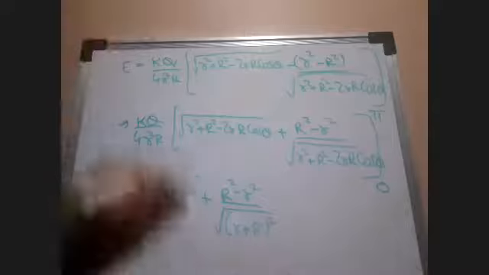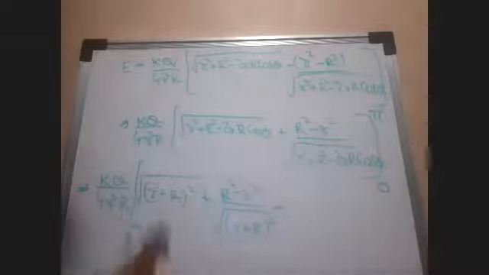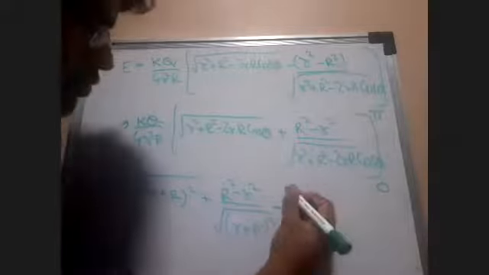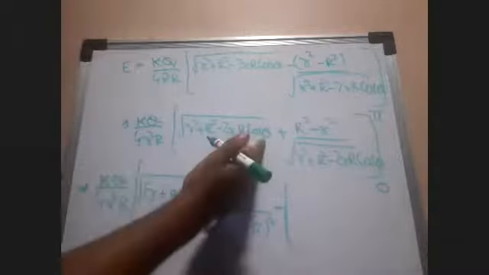And then we will get minus of, you put 0 now. What will you get if you put 0? If you put 0, cos 0 becomes 1, and then you'll get this as r minus R whole square.